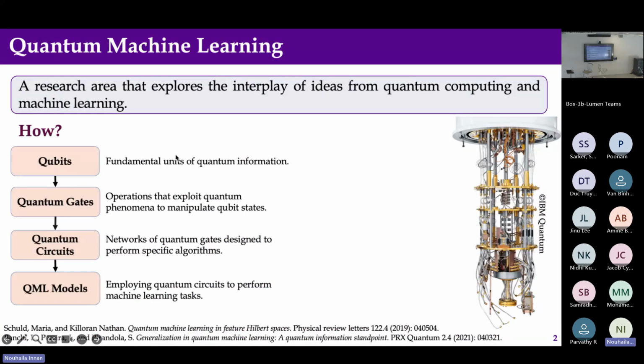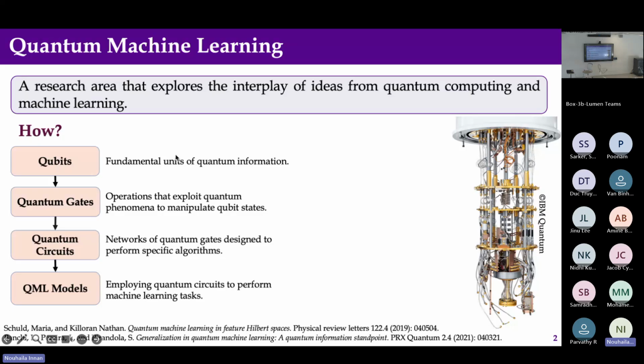First of all, quantum machine learning as a definition is a research area that explores the interplay of ideas from quantum computing and machine learning. We use both the theoretical side from quantum information and quantum mechanics, then the way we train the model and different approaches that come from computer science and machine learning.